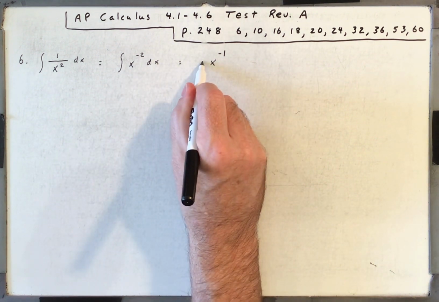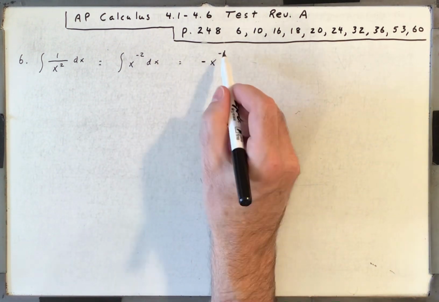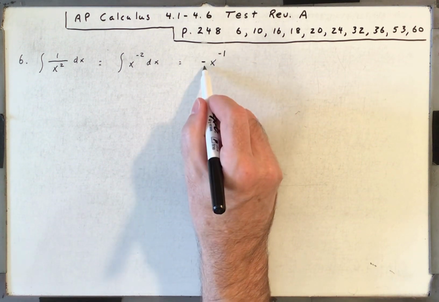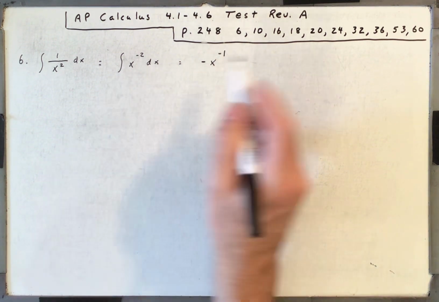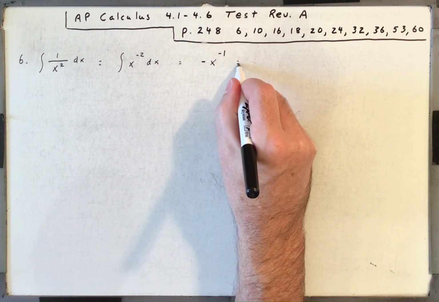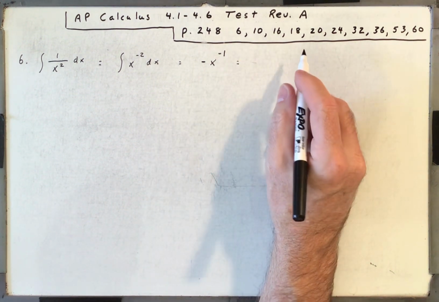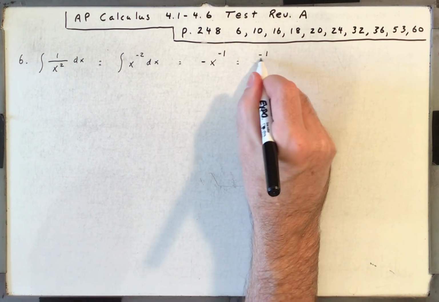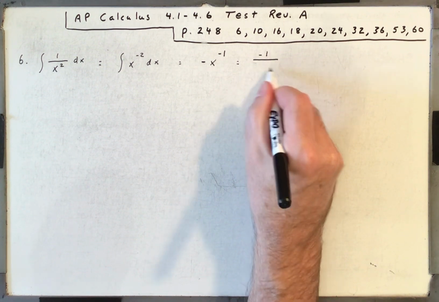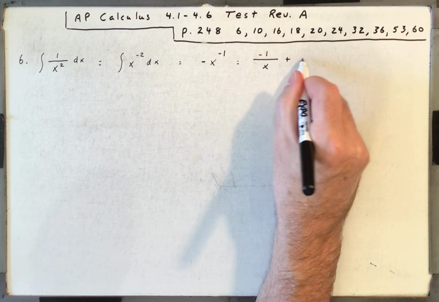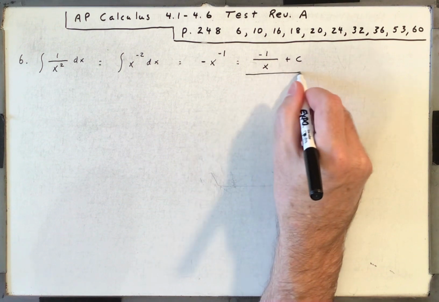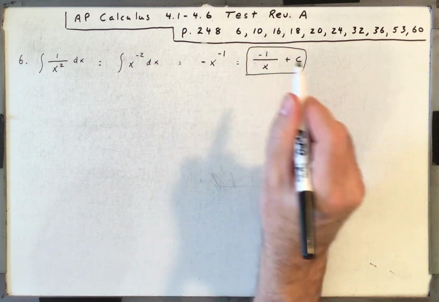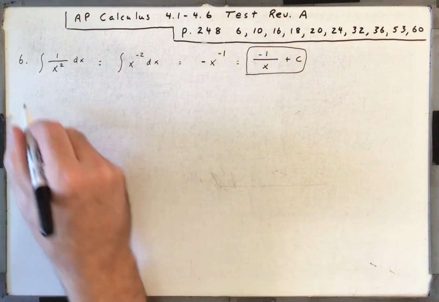But I would need a negative out front so that when I take the derivative, negative 1 times negative 1, I would get 1. All right, and so cleaning that up, I don't want any negative exponents in the final answer. That would be negative 1 over x plus c. And of course, you can take the derivative of that to check and see if you got the right answer.